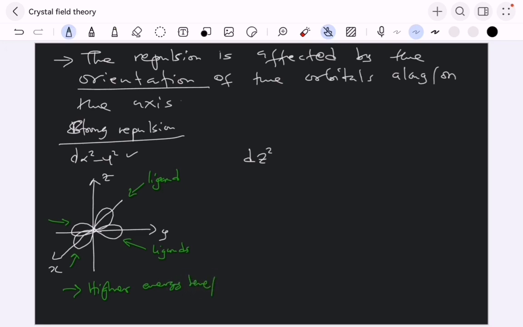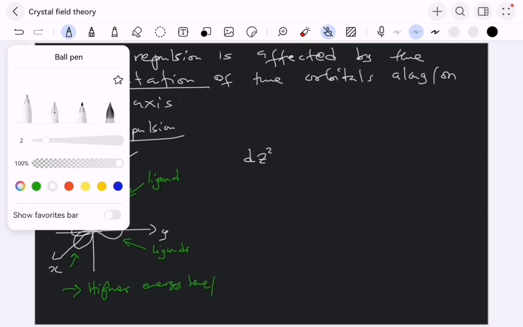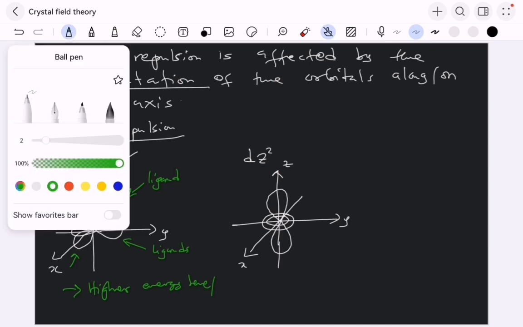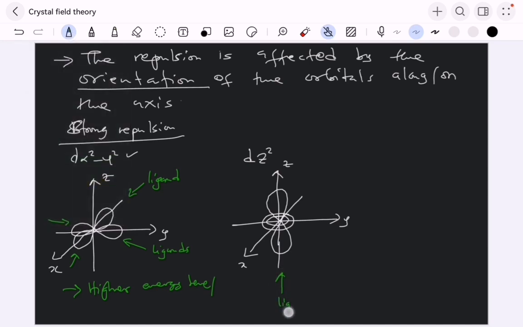This also happens to the Z. When we look at the orientation of the Z, this is Y, this is X, this is Z. So the Z is found along the Z axis. Again, in that axis, the ligands interact with that particular orbital.